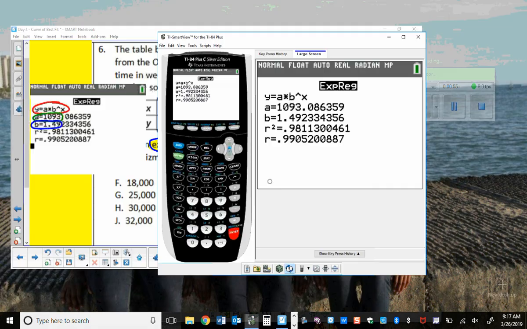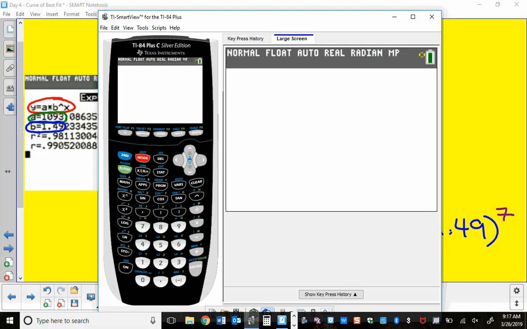So go back to your calculator. You can hit second mode to go back to the normal screen. And I'm going to type in 1093 times 1.49 to the power of 7.